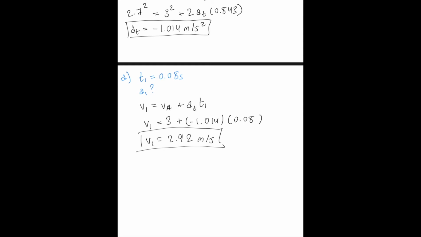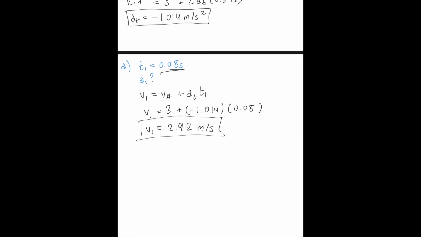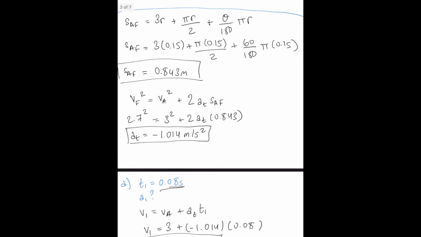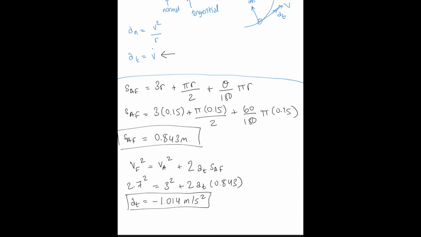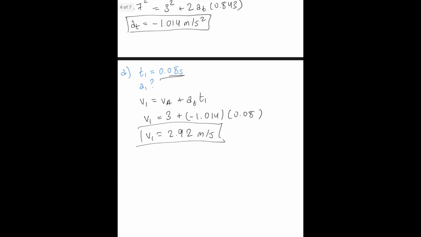Now we want to know the distance traveled during that time. We have the velocity, we have the acceleration. We just need to find the distance. So we're going to use this equation over here to find the distance traveled by the ball during this time.